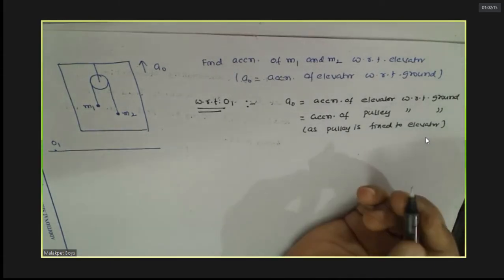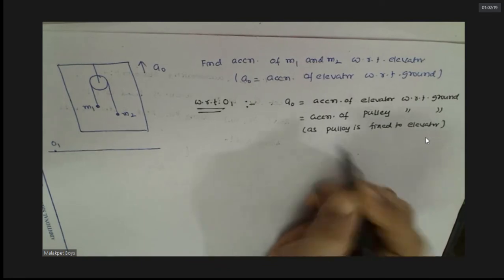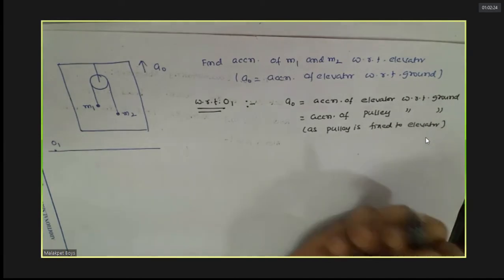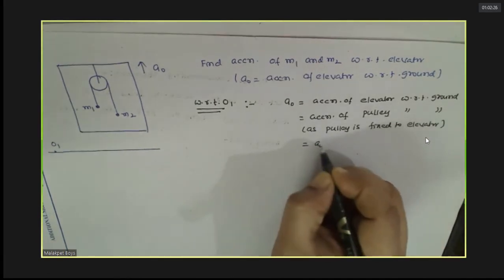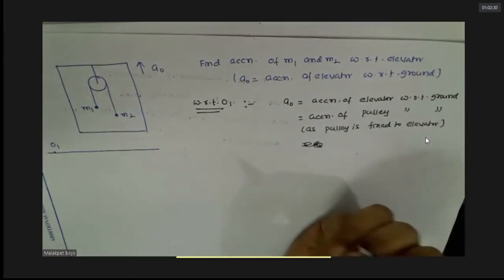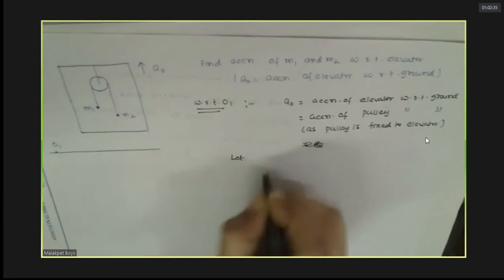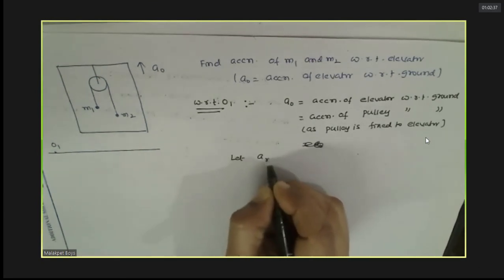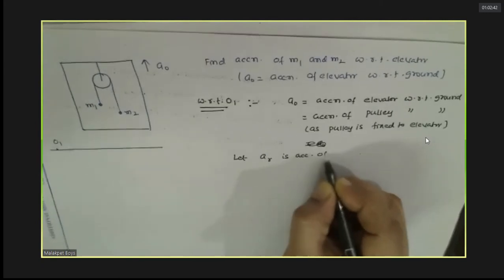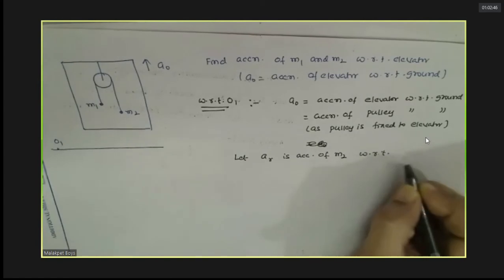Are you understanding or not? The pulley is fixed to the elevator. Therefore, the acceleration of the pulley with respect to ground is the same as the acceleration of the elevator with respect to ground. That is A naught upward. Okay, this is the situation. Now let us see. Let an assumption: A is the acceleration of M2 with respect to pulley, downward.